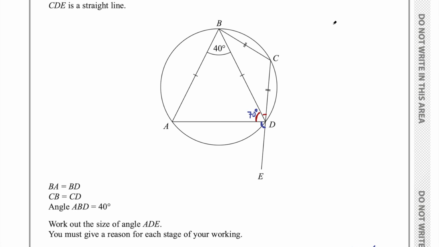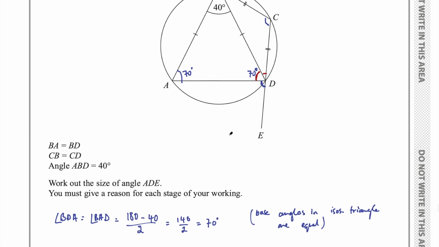Next, remember I said I'm looking for this little angle in here as well. I can find that angle if I can find this angle up here, BCD. And I can find that angle based on the fact that opposite angles in a cyclic quadrilateral add up to 180 degrees. So I know this angle over here is 70. I just found that. So these two angles need to add up to 180 degrees.